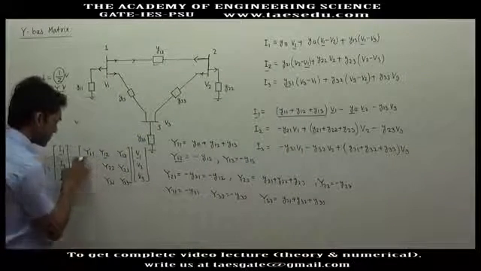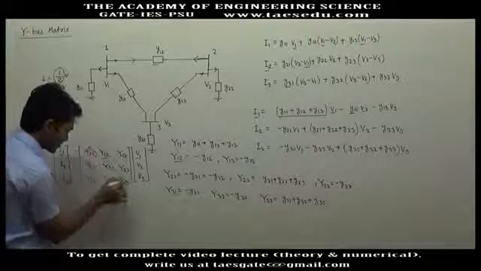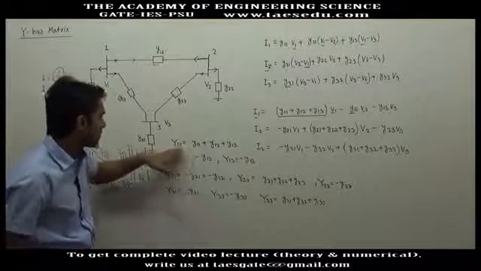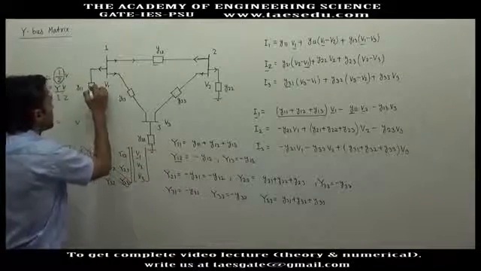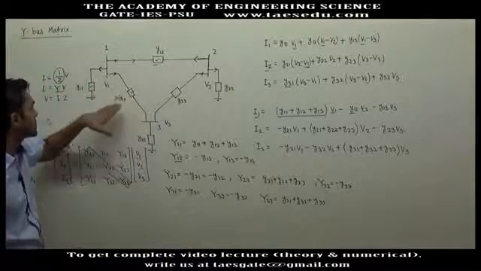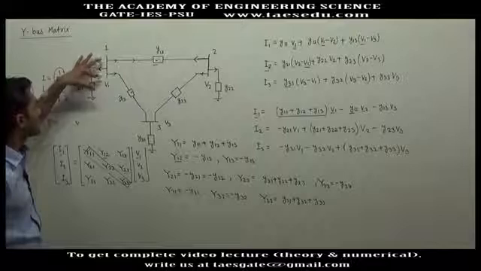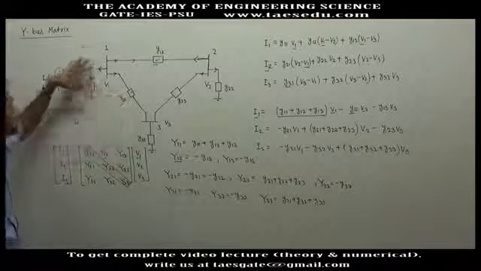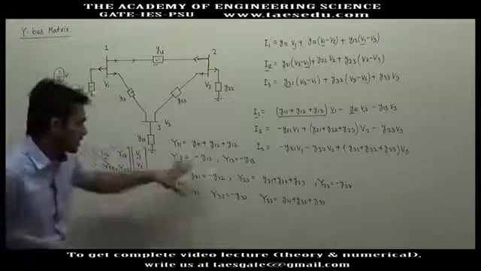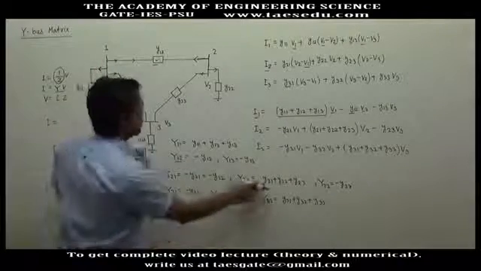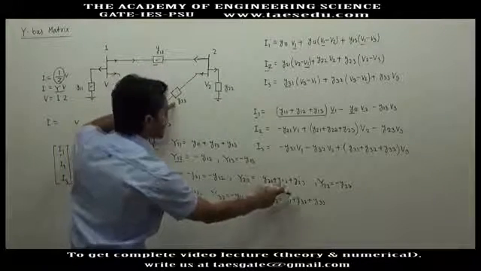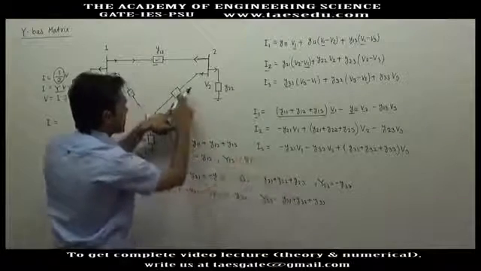If you observe, all the diagonal elements are, what is a diagonal element? Capital Y11 is this admittance plus this admittance plus this admittance, all the admittances connected to bus 1. Capital Y22 is Y21 plus its shunt admittance plus this admittance.